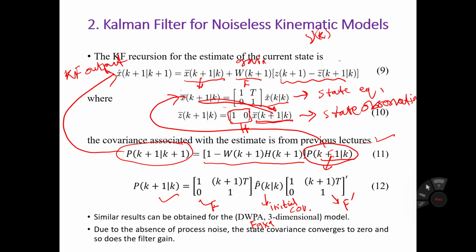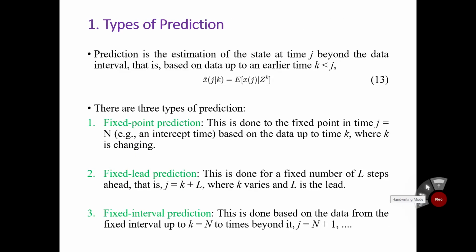So prediction is the estimation of the state at time j beyond the data interval, that is based on the data up to an earlier time k less than j. Here data means the measurement z.